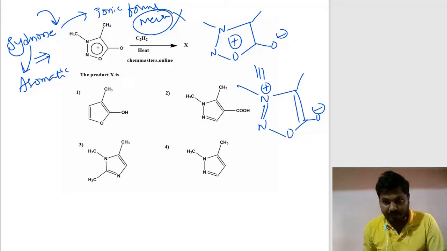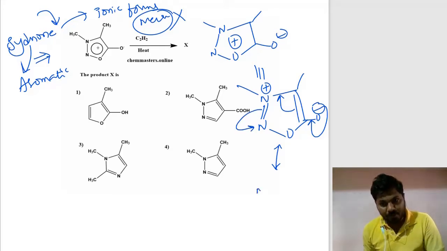Okay, and here is one resonance structure of it. And in the next case, the negative charge on oxygen moves here, then this bond just moves here, and this double bond moves onto nitrogen, and here we are going to produce another possible resonance structure of the given sydnone.